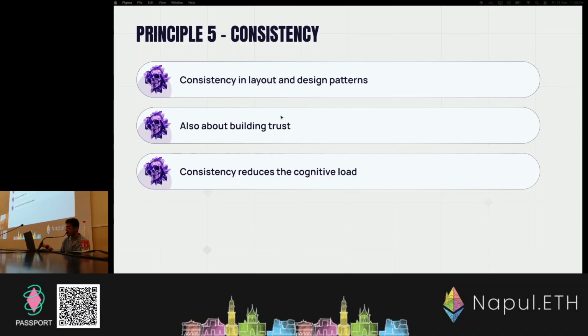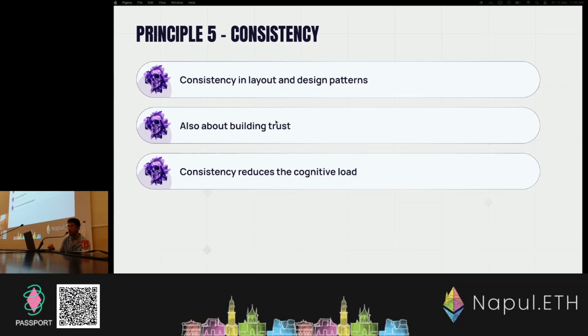And design consistency is also about building trust. So when users see familiar elements and predictable flows, they feel confident navigating your app. And consistency also really reduces the cognitive load on the user, on a human brain.